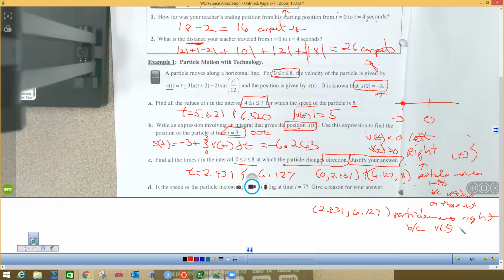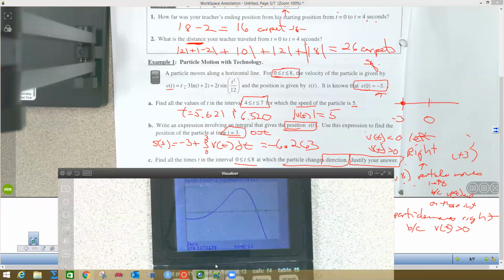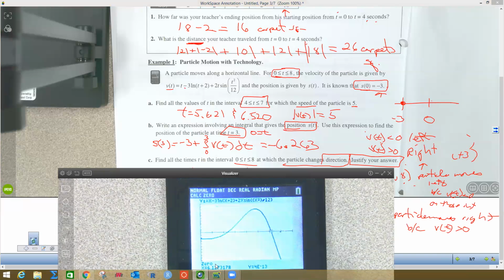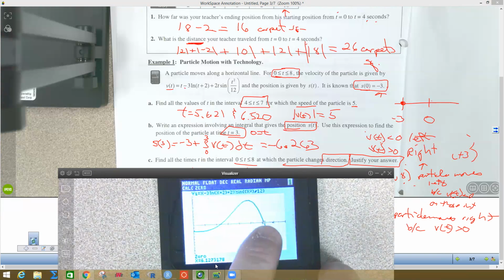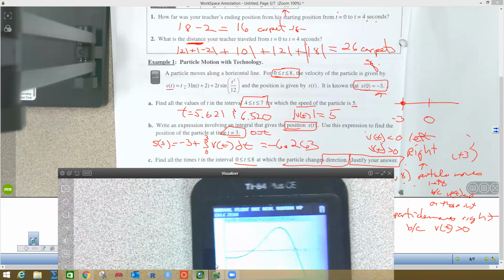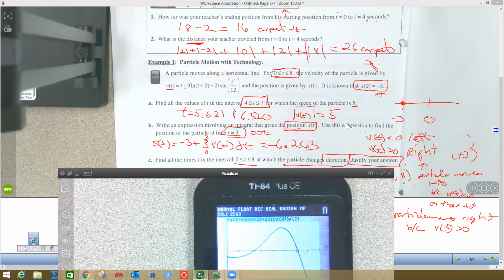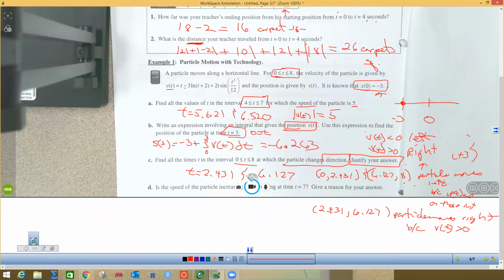It's above the x-axis on that graph. I'm going to show it to you again here real quick. So if you look, negative to that first intersection, positive to that one. And you could have also said t equals these 2 answers, because v of t changes sign at those 2 t values.